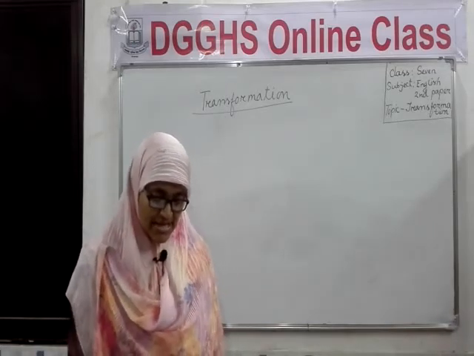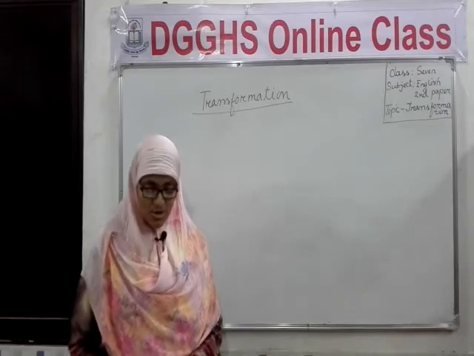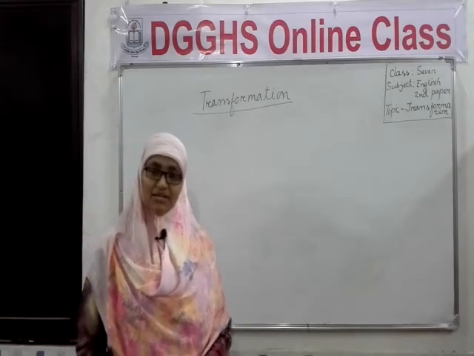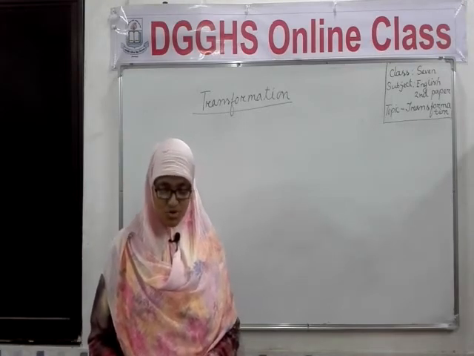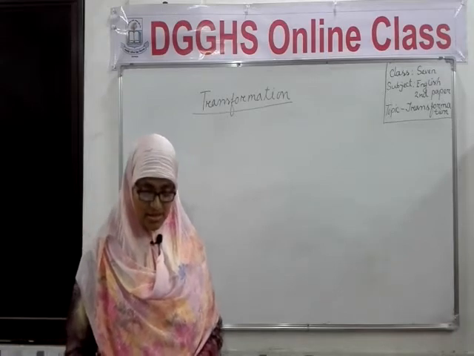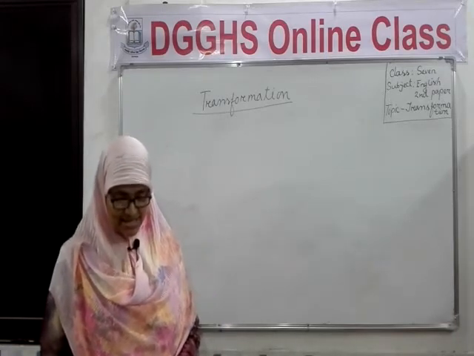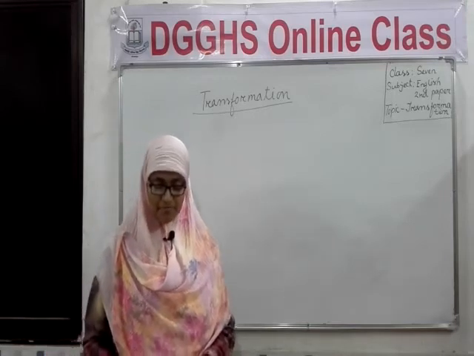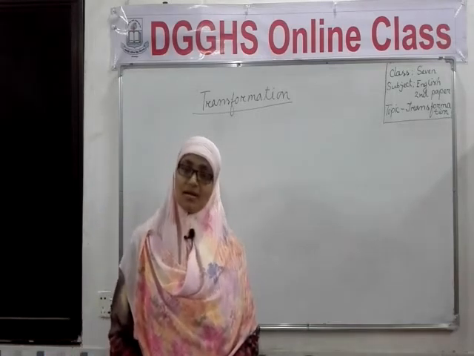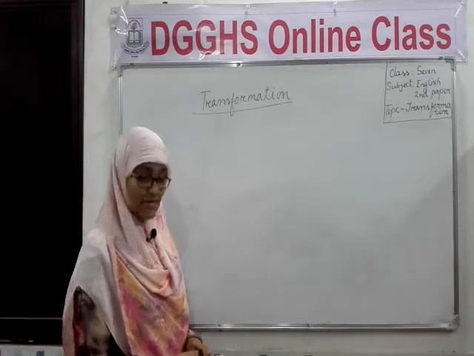Generally we make negative sentences by adding not with the auxiliary verb. But when the sentence does not have an auxiliary verb, we add do not, does not and did not. For example, let me give some examples.